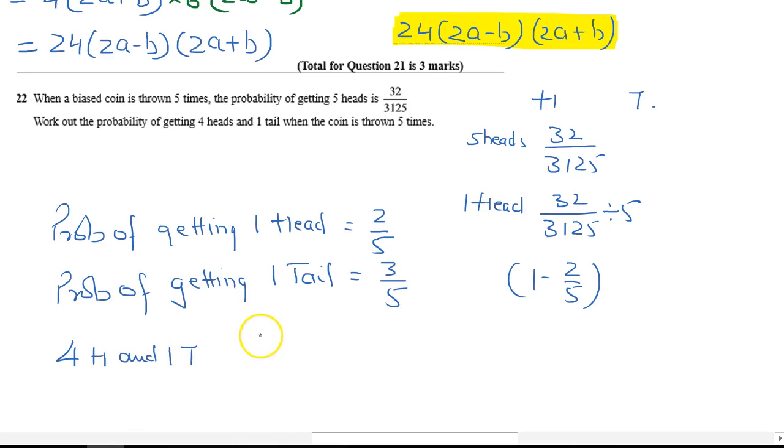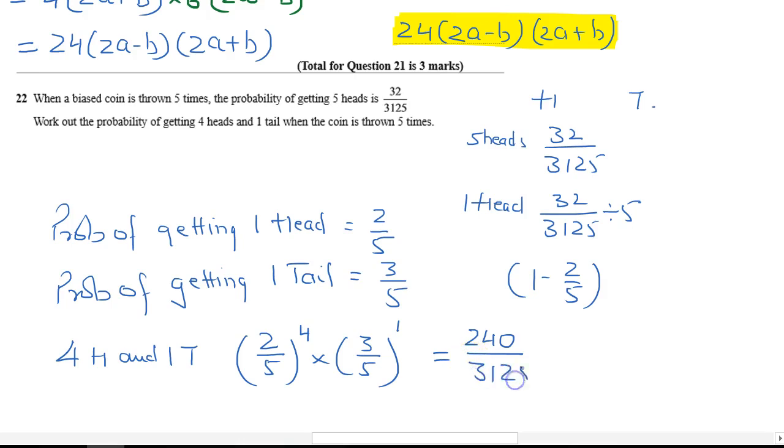So the probability of getting 4 heads is 2 over 5 to the power 4, and the probability of getting one tail is 3 over 5. So that will be 240 over 3125.